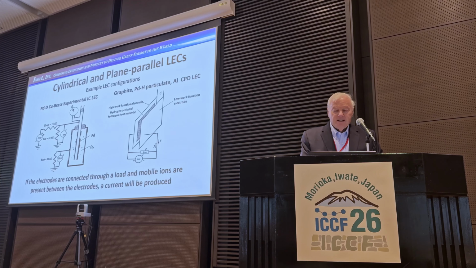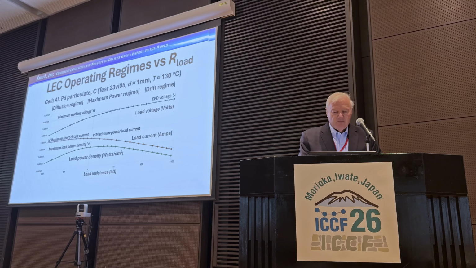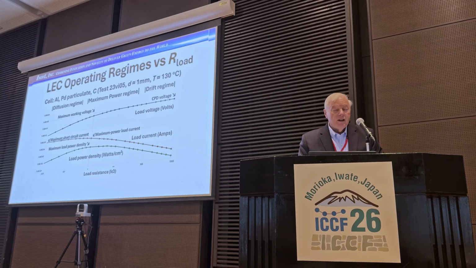On the right, you see just a different form fit, a planar version, and in some ways it's a little easier to construct and also to maintain the separation distance. This shows a typical test, the operating regime. This is the voltage, and across the bottom we have load resistance. If we start out with real high resistance, we get the high voltage.